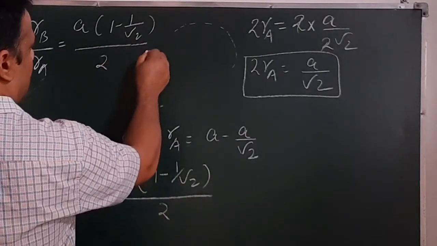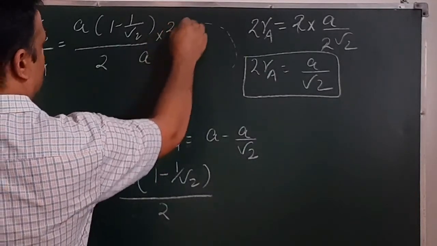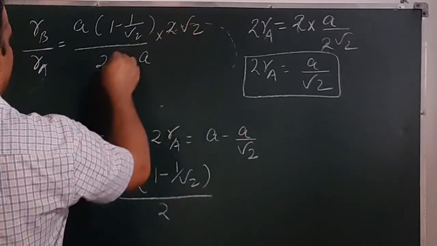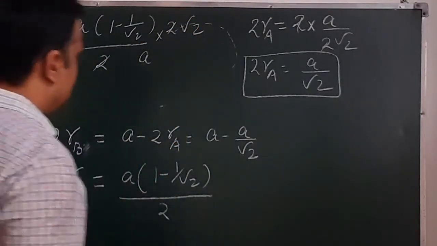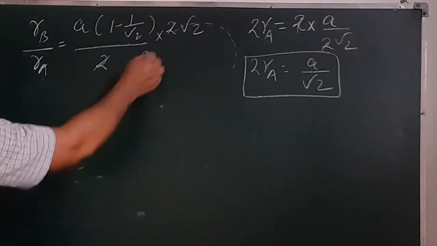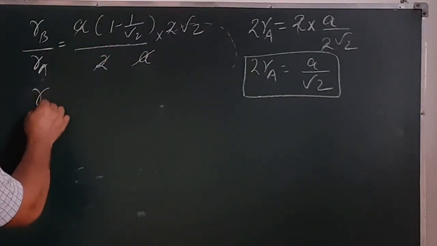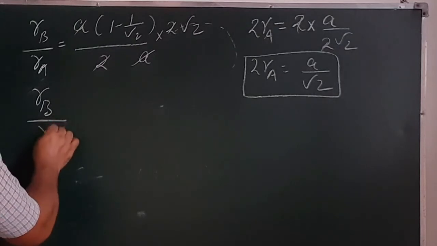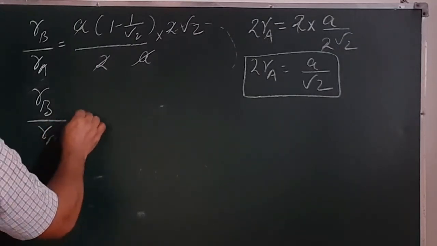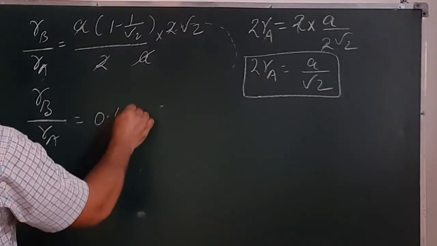So A, and here we will write 2 root 2. So the 2 cancels out here, and A will cancel out here. From calculation this value will come to 0.414.